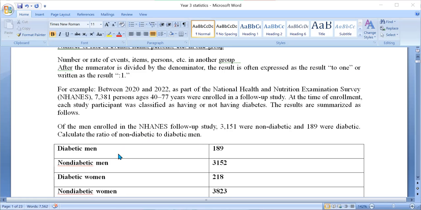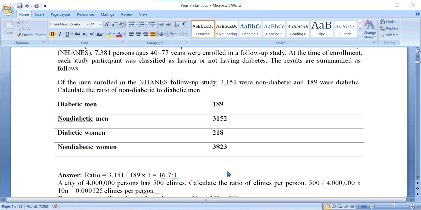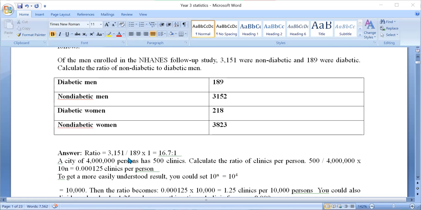Now, to calculate the ratio, non-diabetic men is 3,152, and diabetic men were 189. So for you to get the ratio, you are going to divide by the denominator, which is 189. You divide 3,152 by it.